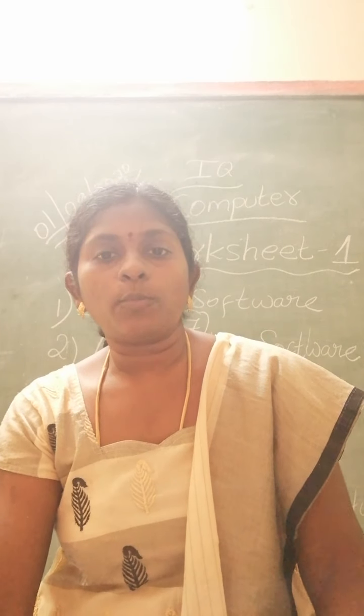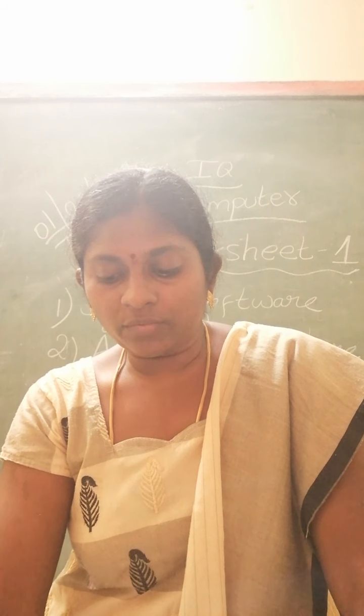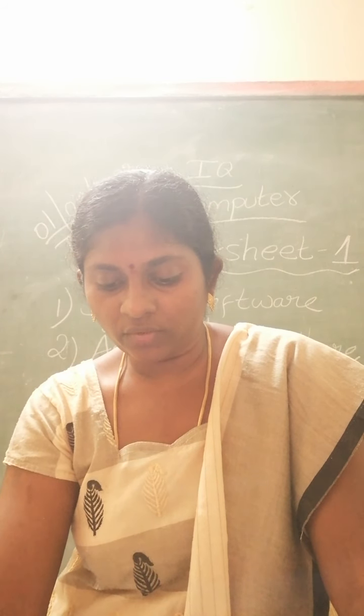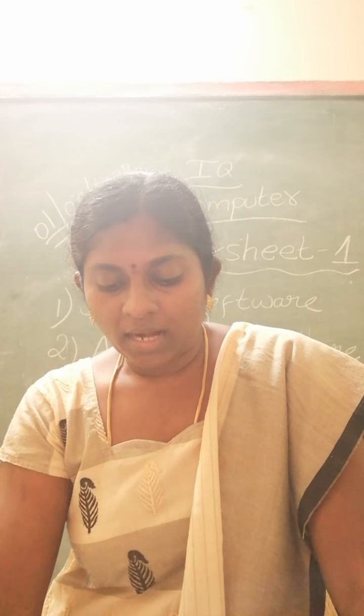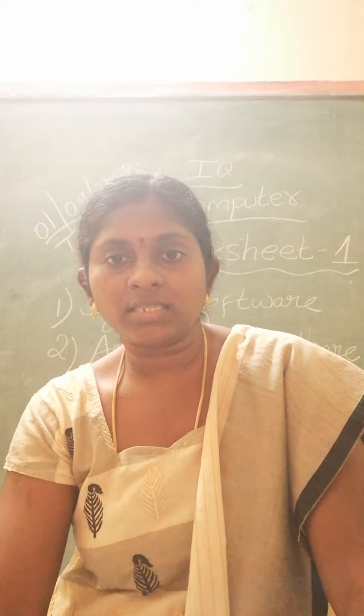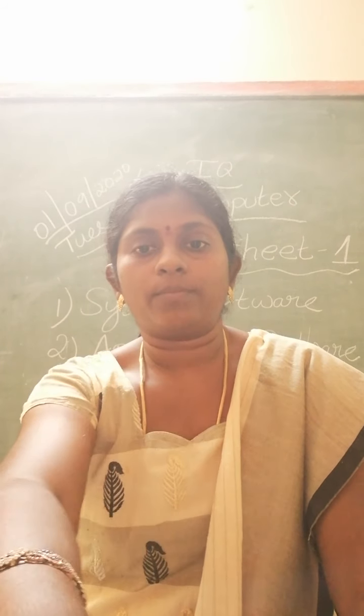Next, come to the C bit. What is there in the C bit? Write the difference between two types of plotters. Here we are going to write the difference between the drum plotter and the flatbed plotter. I will write the difference; just note it down in your C bit by seeing the board.